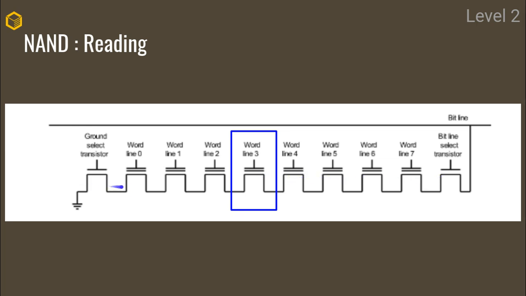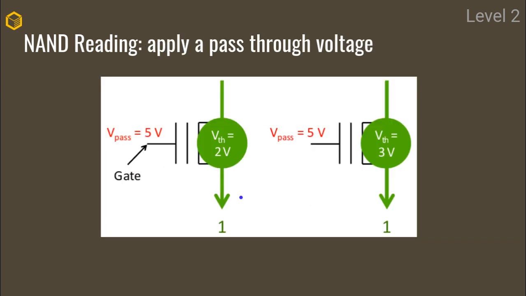And the same goes for all of the ones here. So by design, I require all of the other transistors to be in a configuration where they allow the flow of charge regardless of their state. And this is exactly what we're going to do.